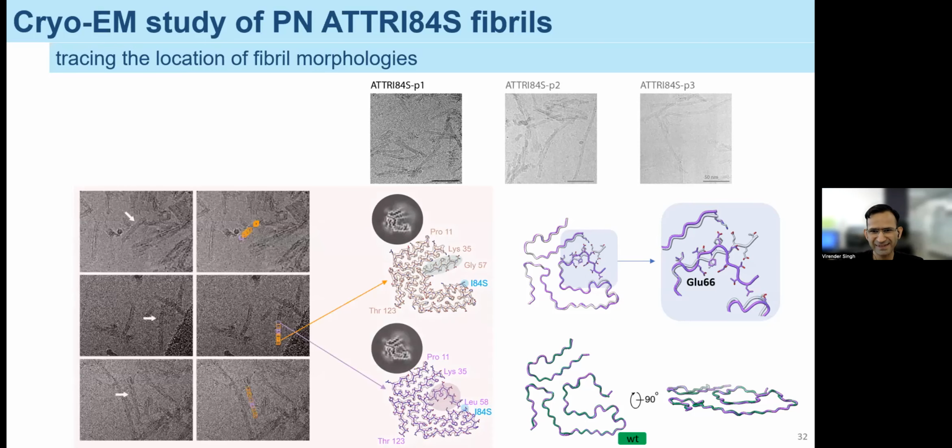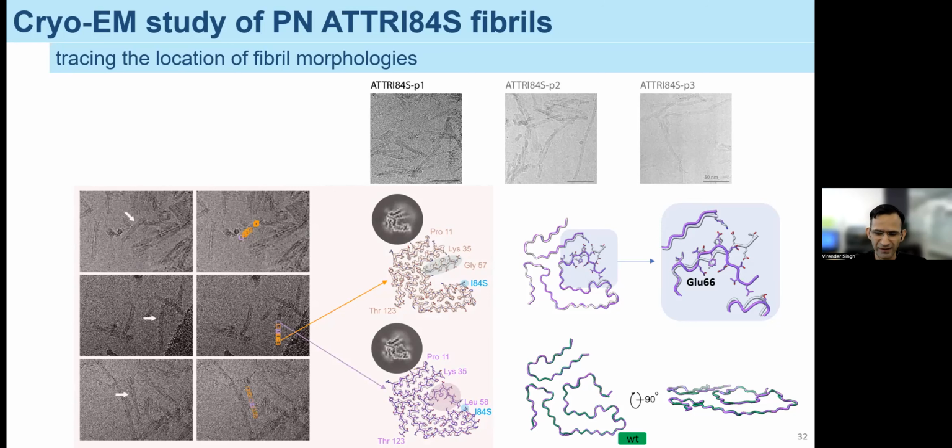Again, surprisingly, both these polymorphs are actually mapped back to the same fibril. That means there are layers which contain both the closed conformation as well as the open conformation. So the fibrils are made up of both fragments with isoleucine as well as fragments with serine.